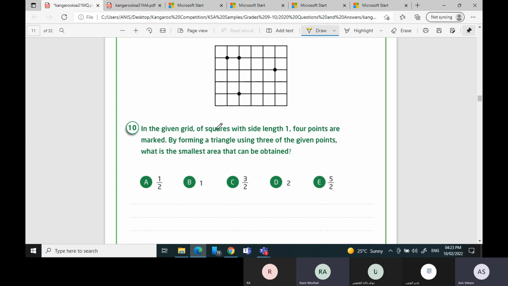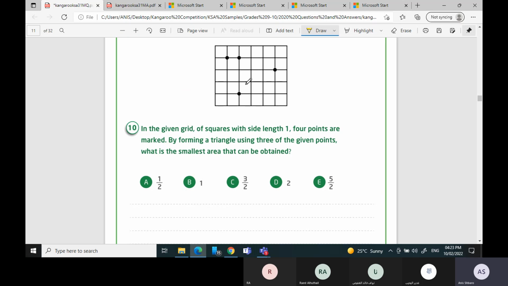In the given grid of squares with side length, 4 points are marked. By forming a triangle, use 3 of the given points. What is the smallest area that can be obtained? Okay, I need you to help me solve this problem. So, of course, we got the idea here.